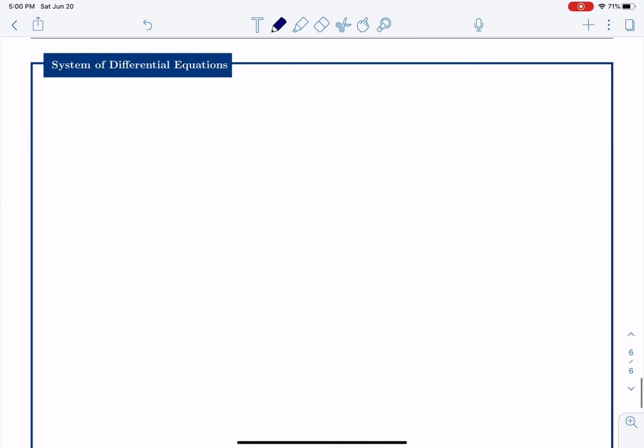So just like we have a system of linear equations, we could have a system of differential equations.